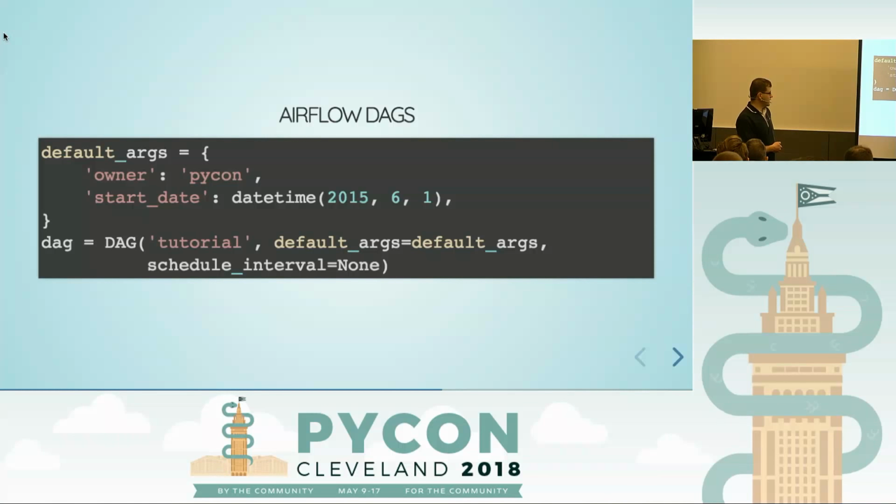So now that we have our dictionary of default args, what do we actually do to create a DAG? We have our Python file, and then we have this class DAG, so we need to instantiate it. The first argument is what's called a DAG ID. That's a string that uniquely identifies the DAG compared to other DAGs.